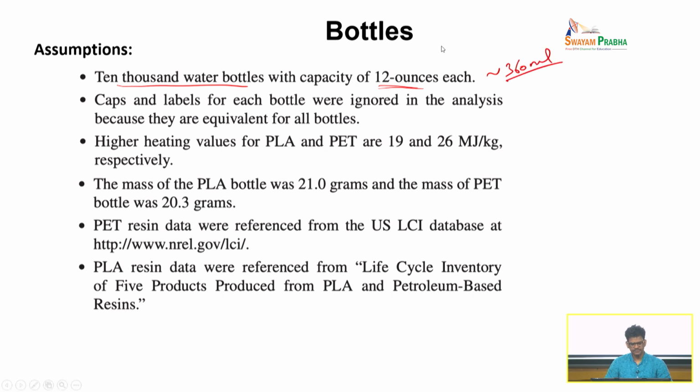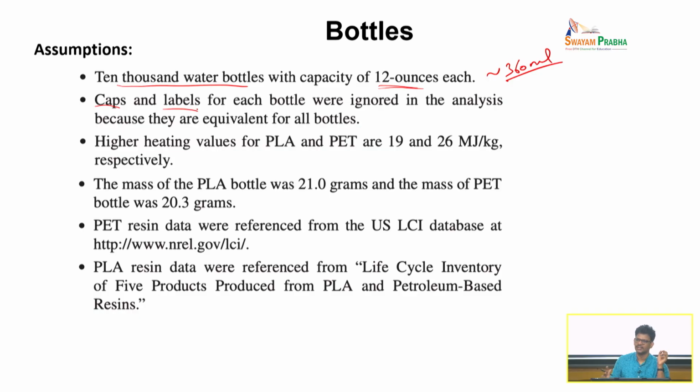1 ounce is roughly about 30 ml. So in this LC analysis, a bottle comes with the main bottle. It also comes with the lid, a cap, and then it also comes with the wrapper or a label that will have information about the brand, various packaging details, etc. In this analysis, they have basically ignored both cap and labels.